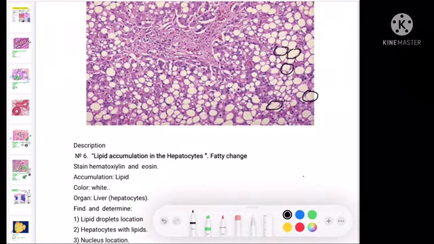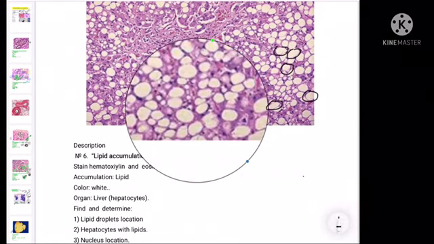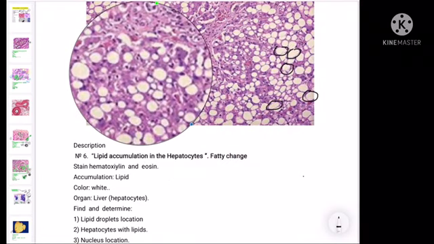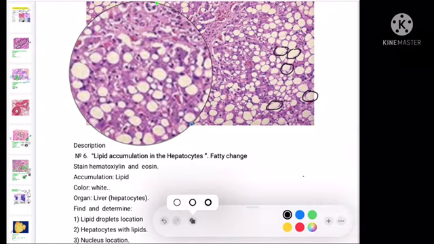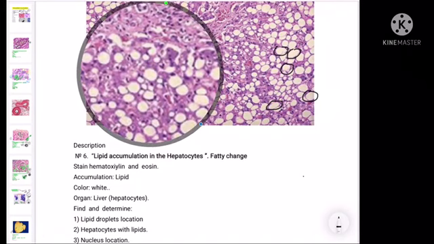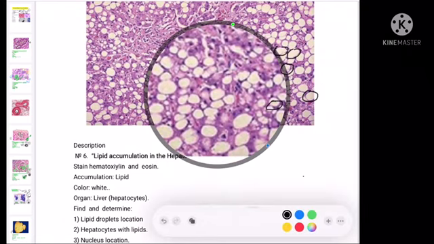If you try to magnify this image, let me magnify it for you. You can see the white things, they are the fat droplets, and they are pushing the nucleus toward the periphery.